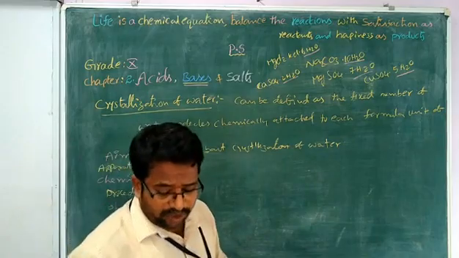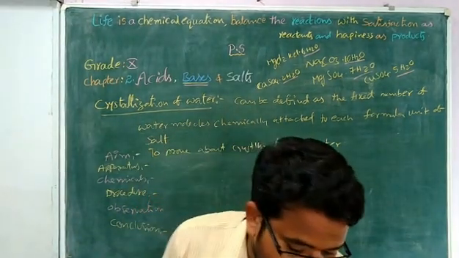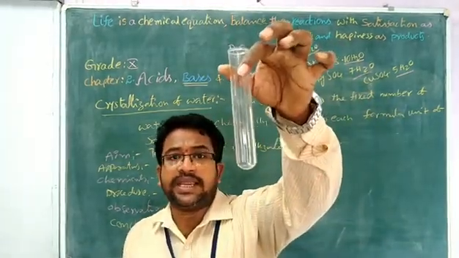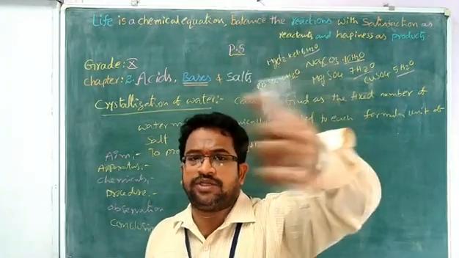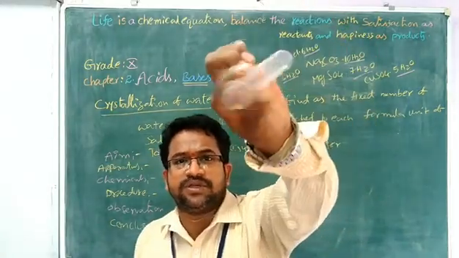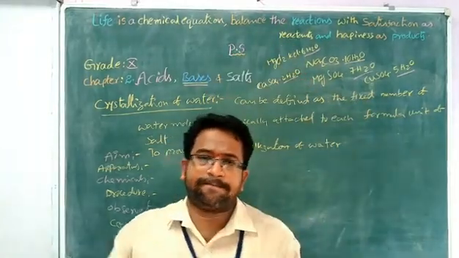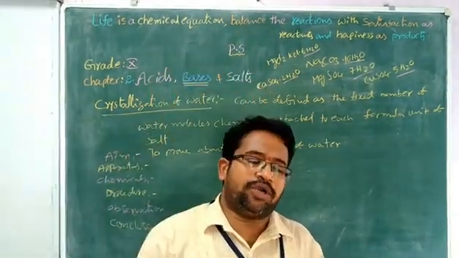For that, what are the apparatus we need? The apparatus we need is one dry test tube or maybe a boiling tube. Dry: no water molecules or moisture should be present in it. And one holder.